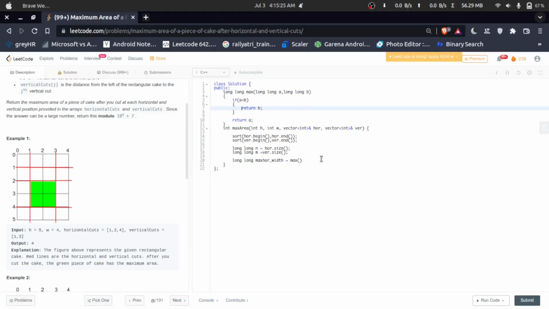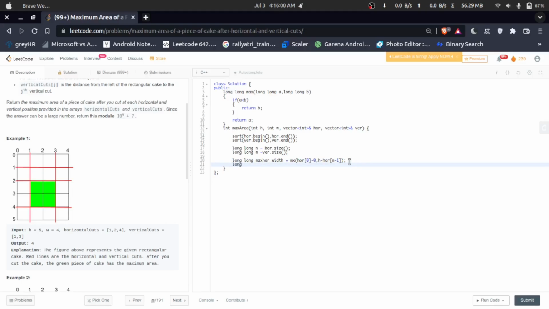Yeah, so after that I'm making that value basically the horizontal of 0 minus 0, that is 0, and the horizontal of n minus 1 from the height, horizontal basically.